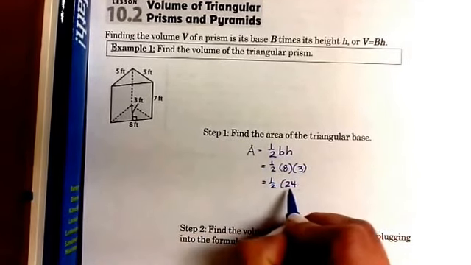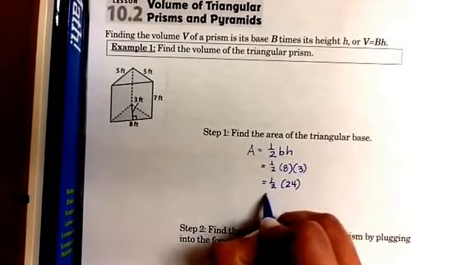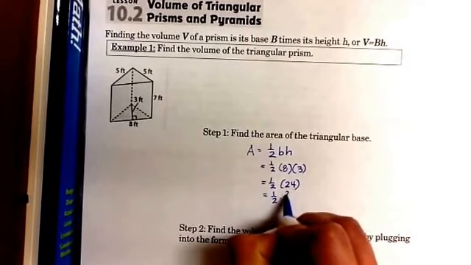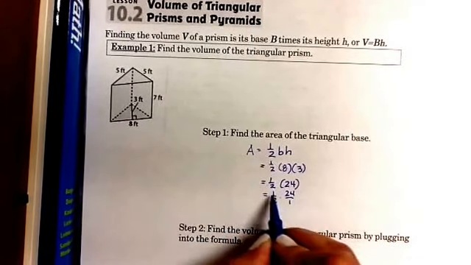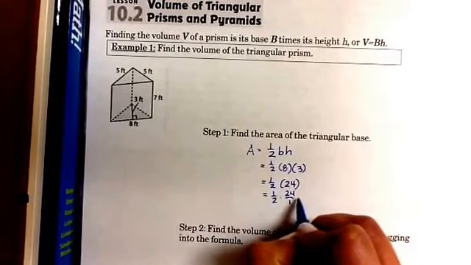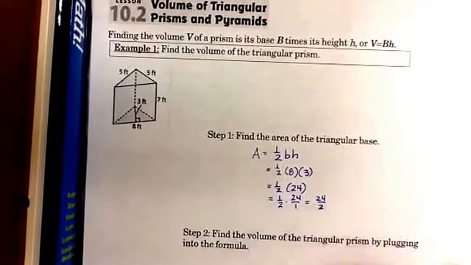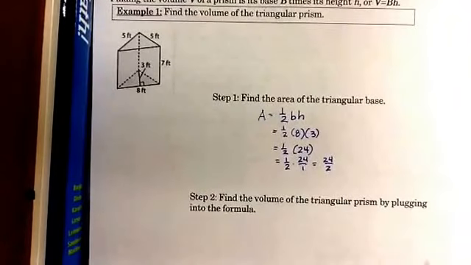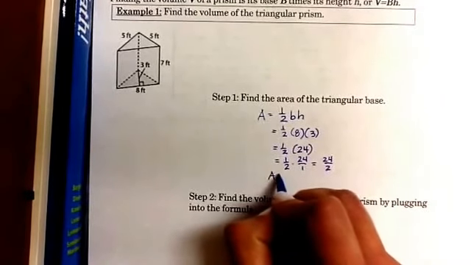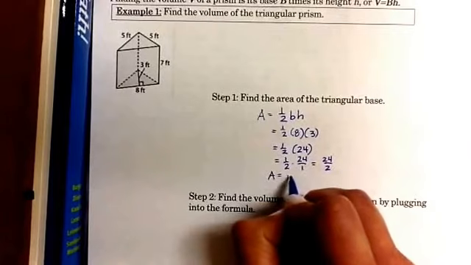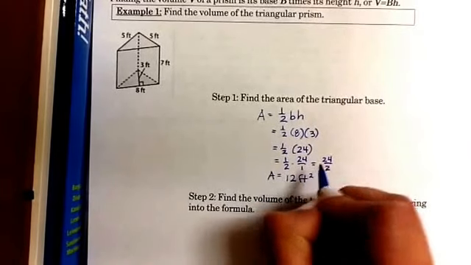Taking half of 24 is the same thing as dividing by 2, because if I put 24 over 1 and I end up doing top times top, bottom times bottom, I'm just cutting 24 in half. So the area of the triangle is going to be 12 feet squared.